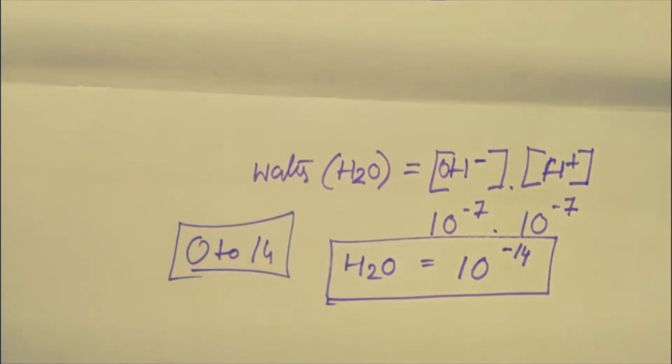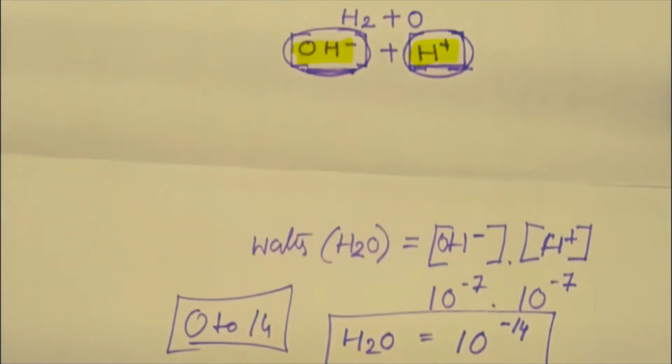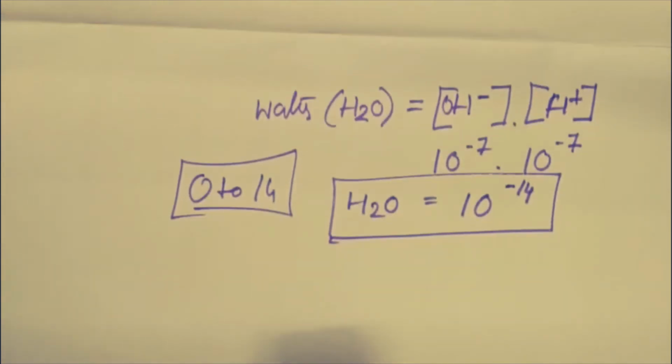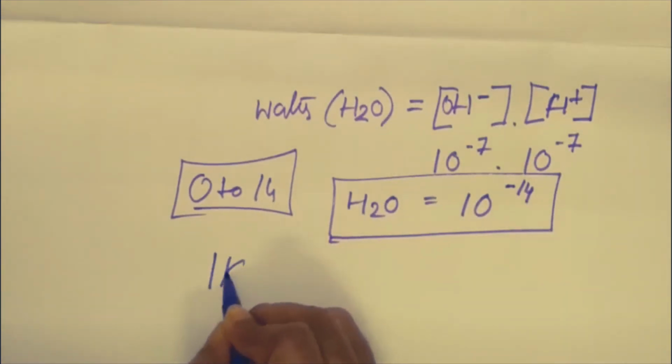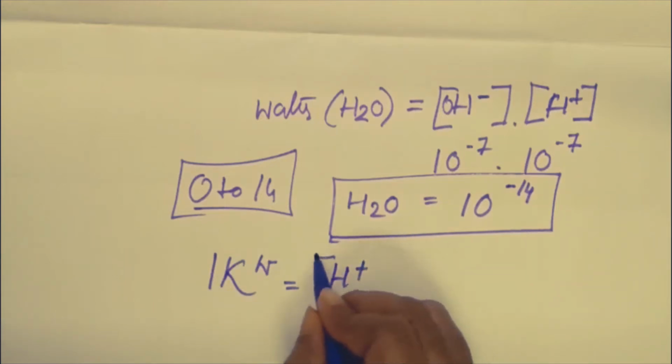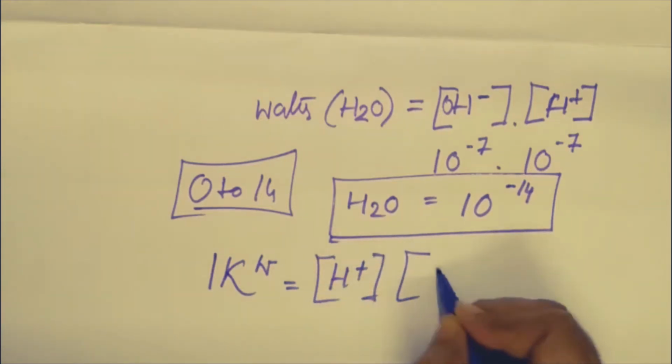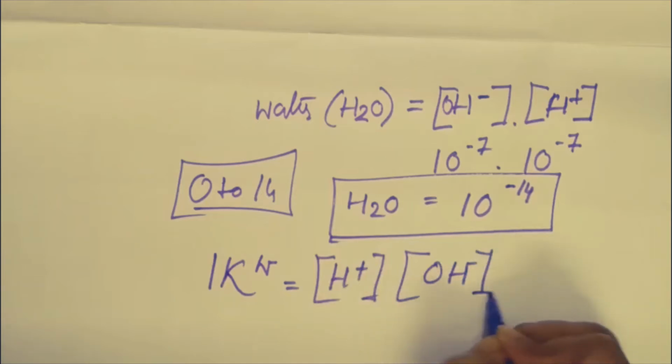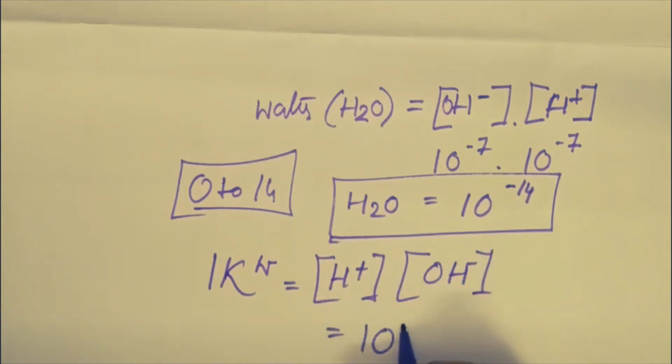It is normally defined by Kw, the H positive ion concentration times the hydroxyl negative ion concentration, equal to 10 to the power minus 14. That's why the pH scale normal range is from 0 to 14.